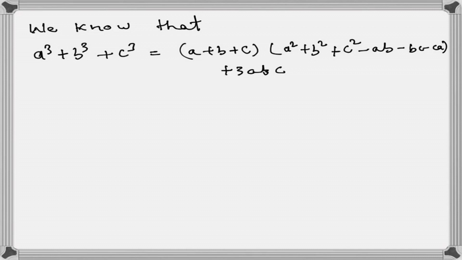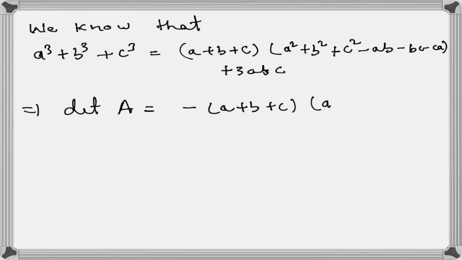This is what we know. So this implies that the determinant of A is equal to −(a + b + c)(a² + b² + c² − ab − bc − ca). Given a + b + c is not 0 and a² + b² + c² is also not equal to ab + bc + ca, this implies that the determinant of A is not 0.